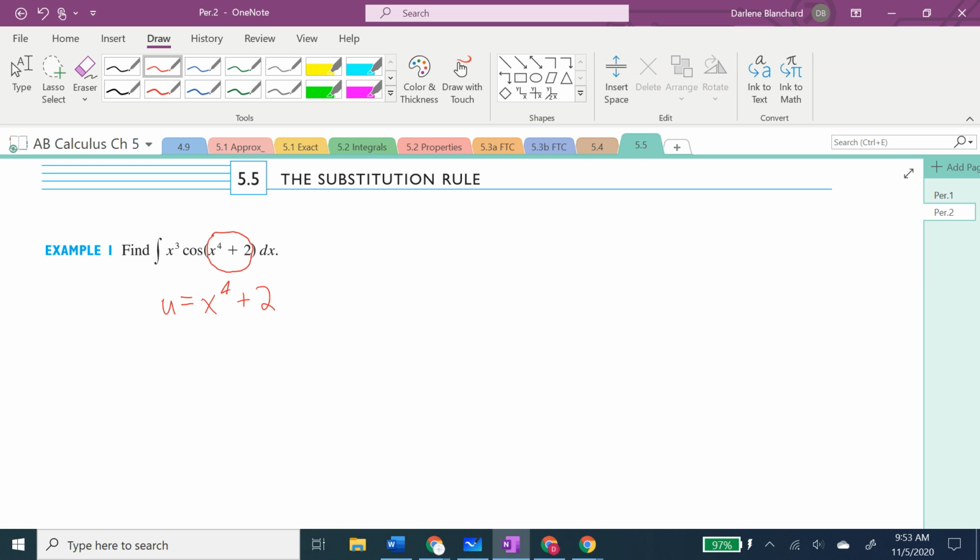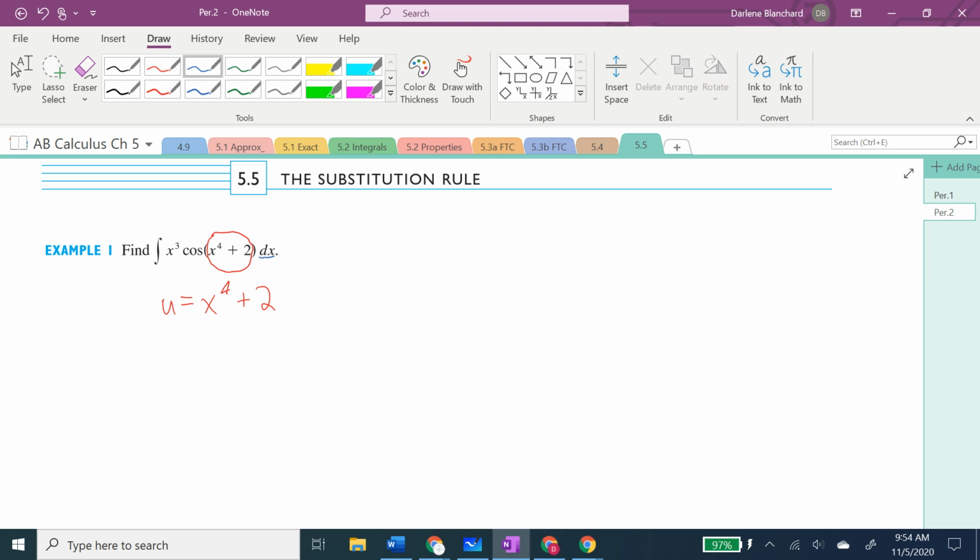I need to find the derivative because I need a relationship between the differential dx and the differential du. u is just the choice variable that we're using. It's just a standard variable that we use.